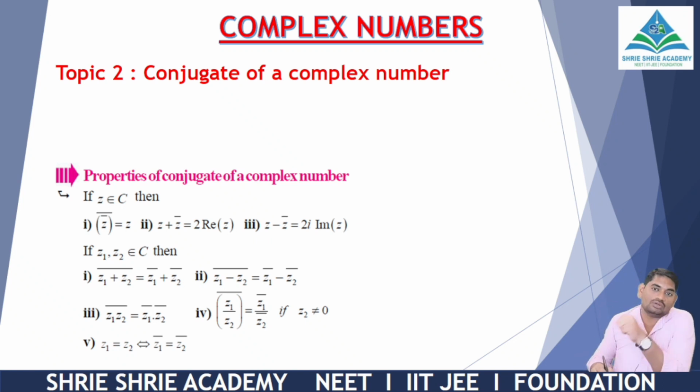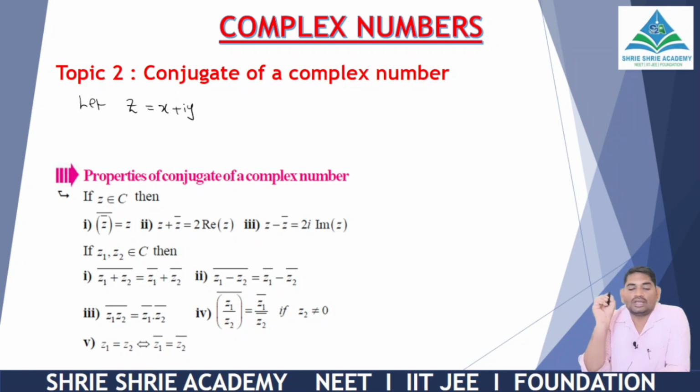So what is a conjugate? Suppose z is equal to x plus iota y is any complex number.